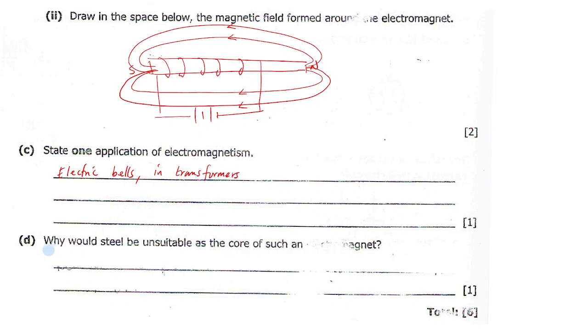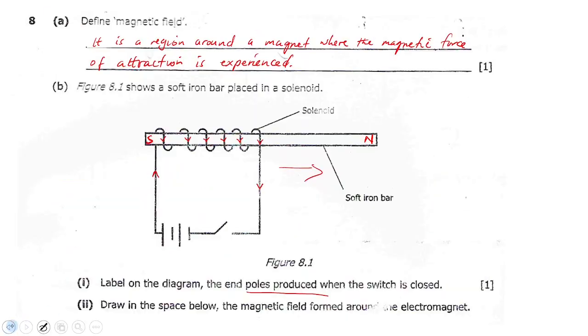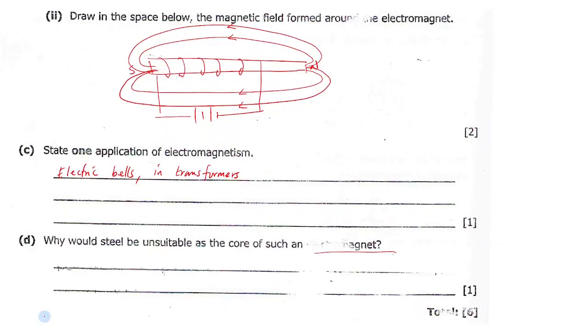Then they are asking why steel would be unsuitable as the core of such an electromagnet. Steel will not be good here because steel is hard to magnetize and hard to demagnetize.